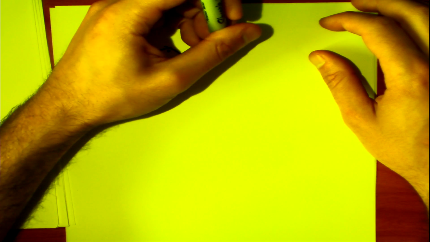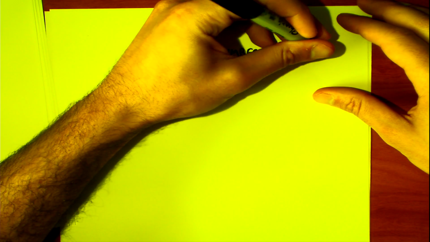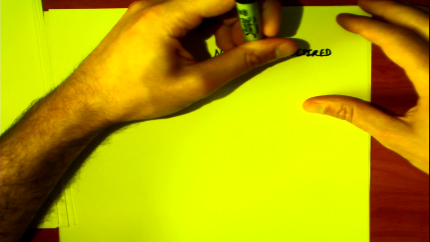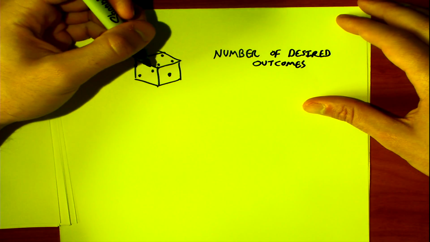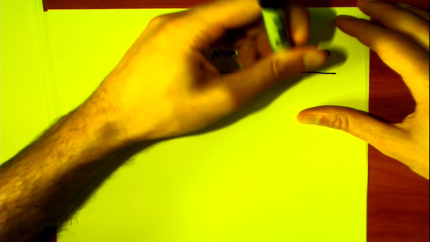Okay, so I might say the number of desired outcomes, which in this case, there's only one 4 on this die, so that'd be 1, divided by the total number of outcomes.